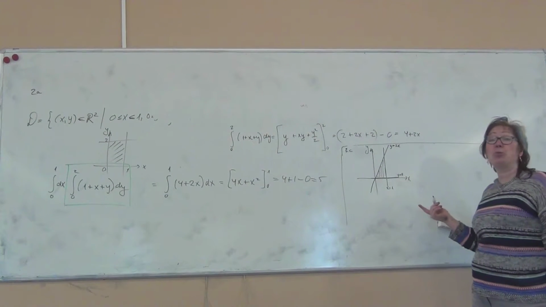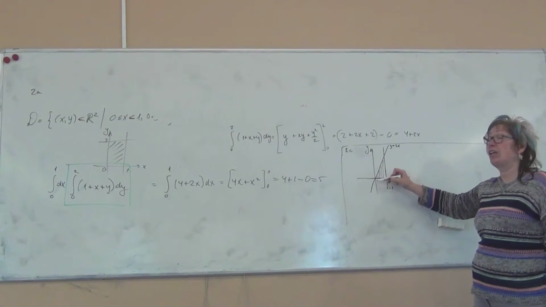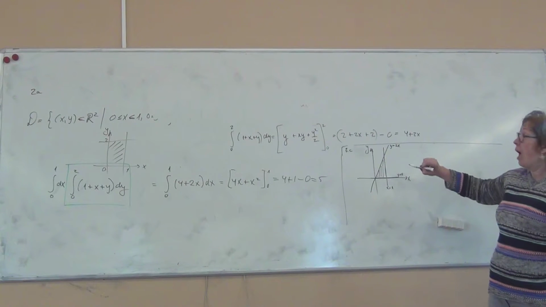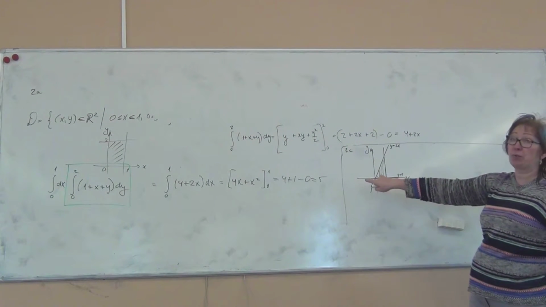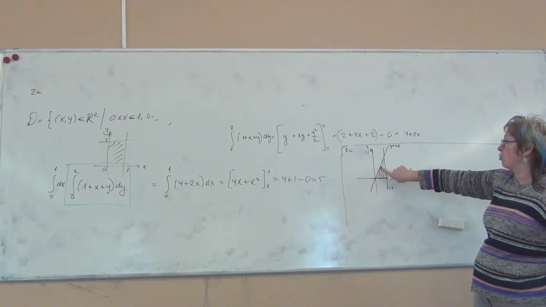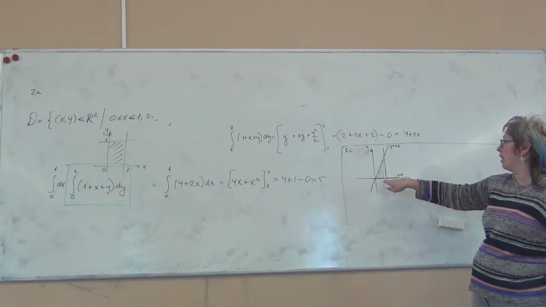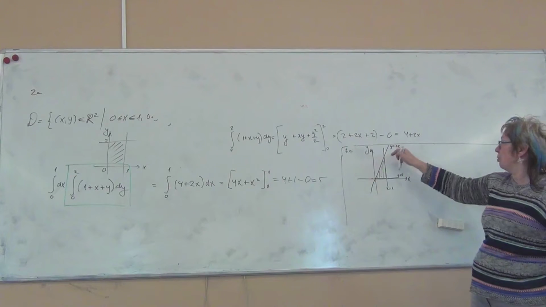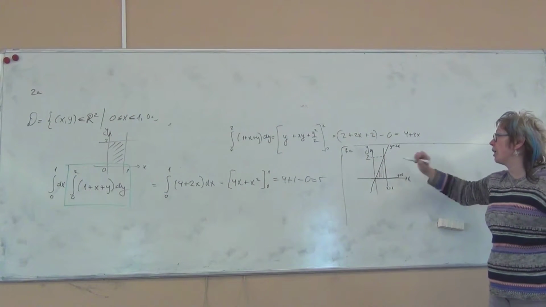It doesn't matter in which order we integrate here. Obviously one of the boundaries will be the line, and the other boundaries will be numbers: from 0 to 1 and from 0 to the line, or maybe from the line to 1 and from 0 to 2. We have to notice the coordinates of the intersections.